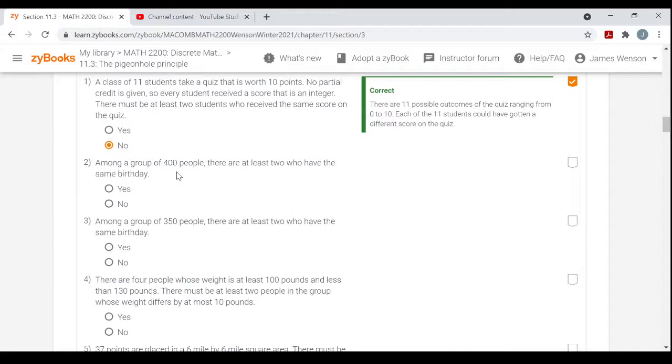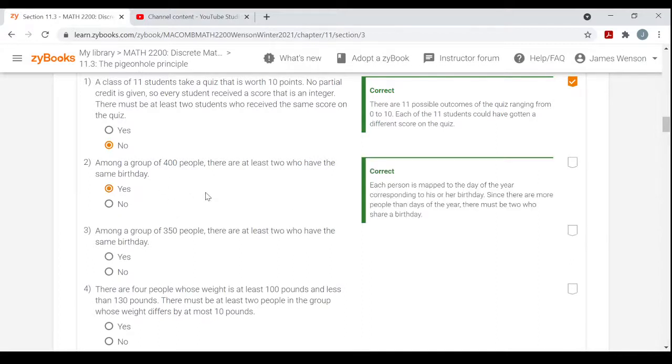Well, there are 365, unless it's a leap year, 366 days in a year. So there are more elements in the domain than there are in the target. So it can't be 1-to-1. So there has to be at least 2 different people with the same birthday in this group of 400.